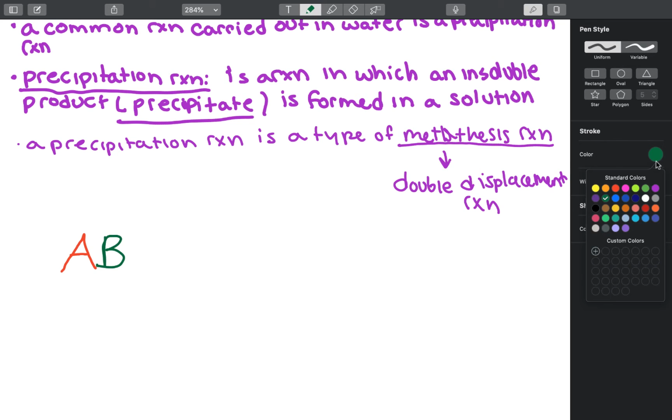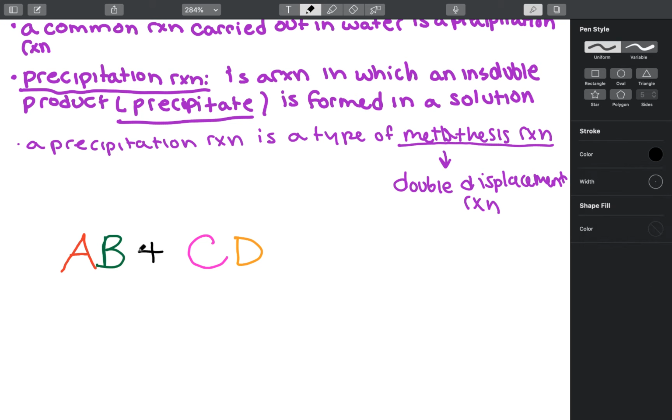And then we have another reactant of C and D. So you're reacting these two different reactants together, compound AB and compound CD. Now in a double displacement reaction, D will switch places with B, and B will switch places with D.